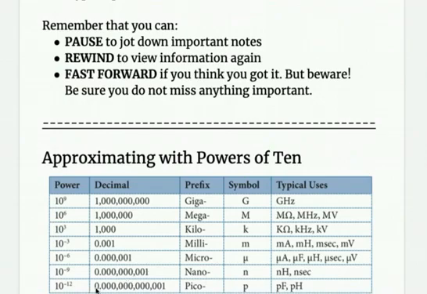Negative 12th power is 12 decimal places, and those are picos now. So they're getting super tiny. So exponents are used a lot by scientists to measure really big amounts like the world population, and really small amounts like measuring a really tiny bacteria or virus.